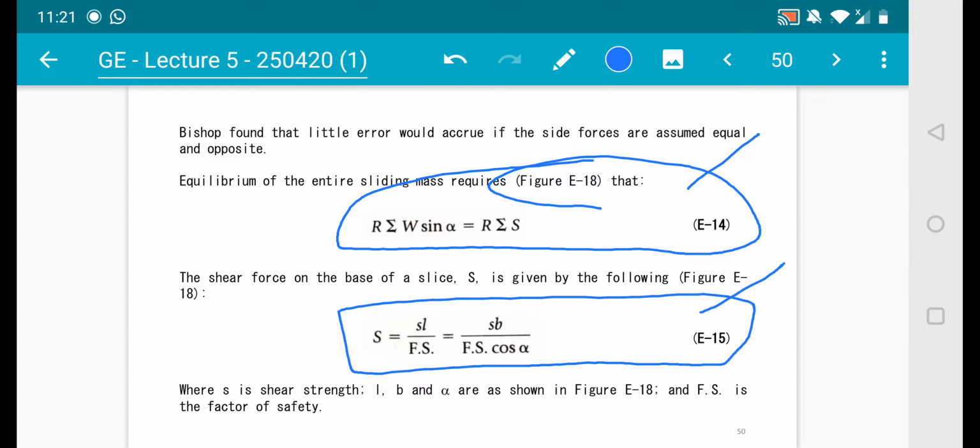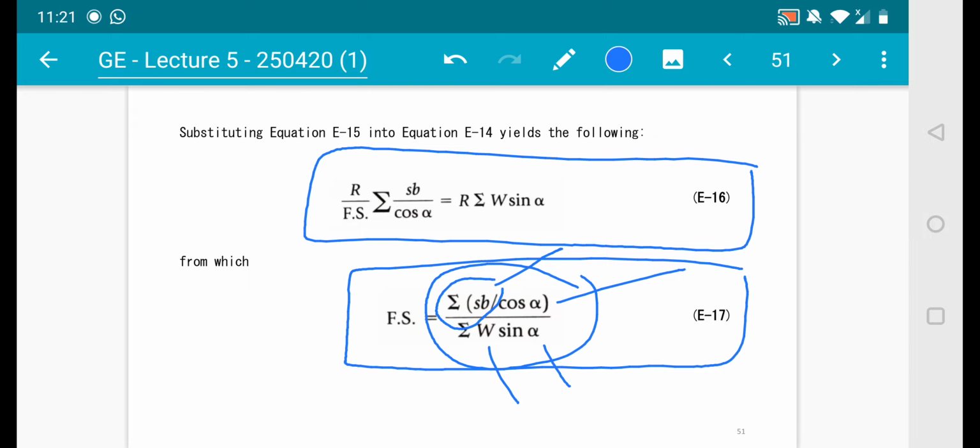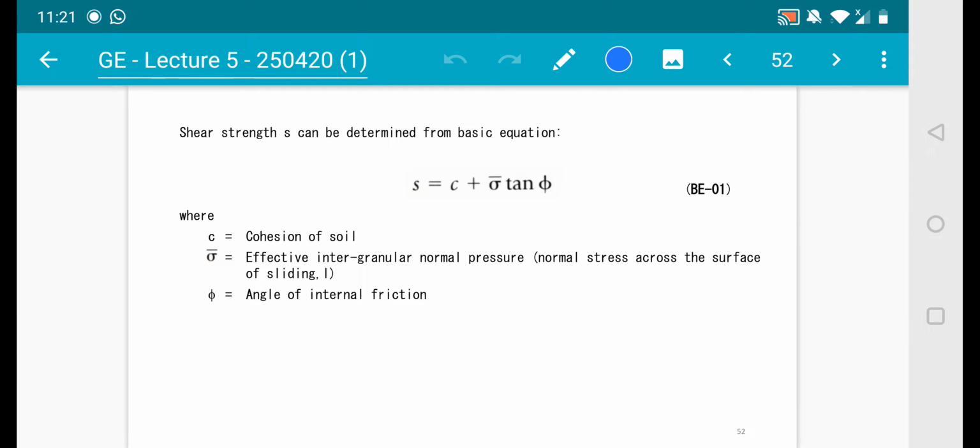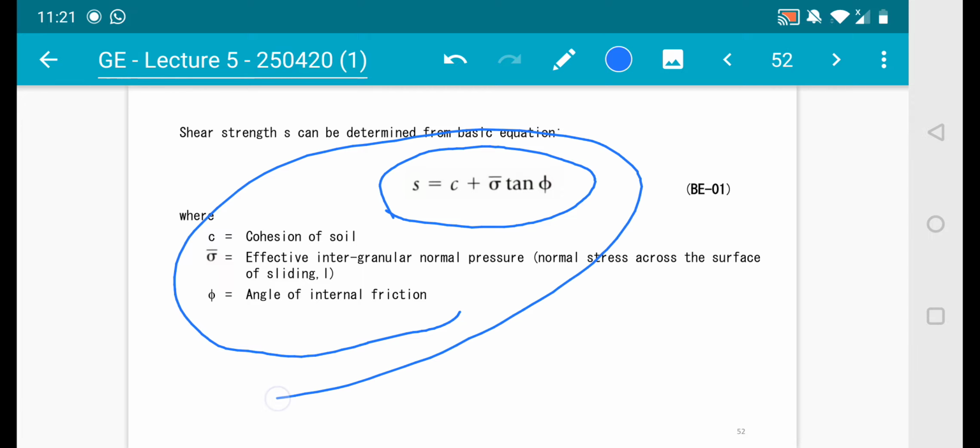What is S? Small s is the shear strength. So how do you get the shear strength? You need to go back to the soil mechanics approach. If you still remember, this is how you calculate shear strength, which equals C, the cohesion of the soil, plus sigma prime, which is the effective intergranular normal pressure, multiplied by the tangent of the internal angle of friction, tangent phi.